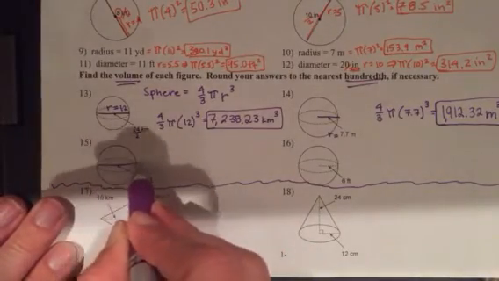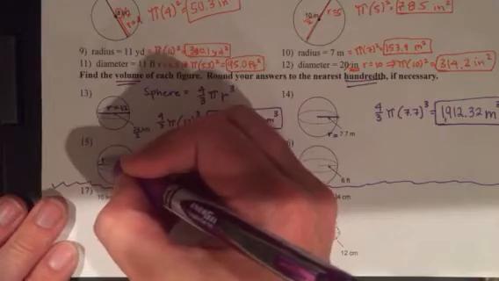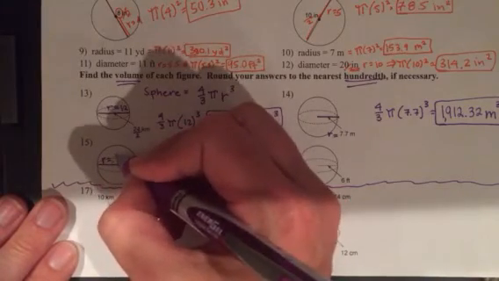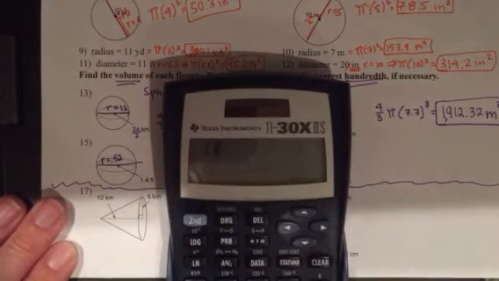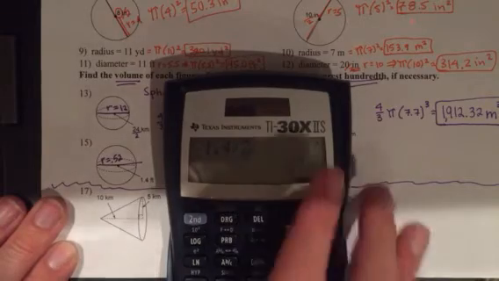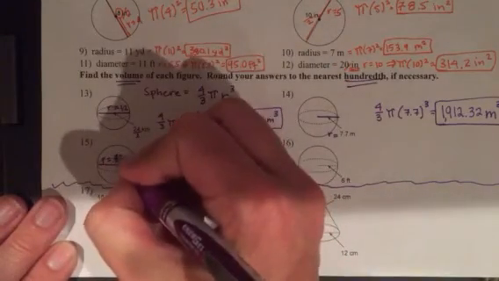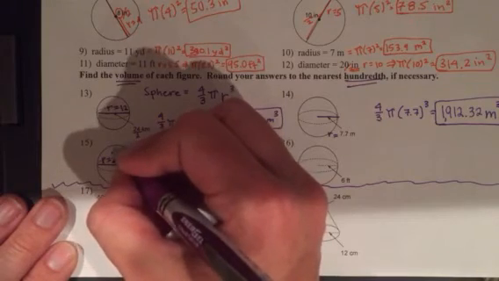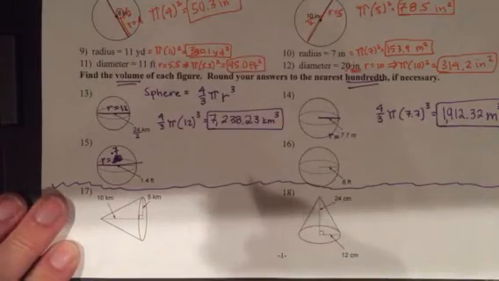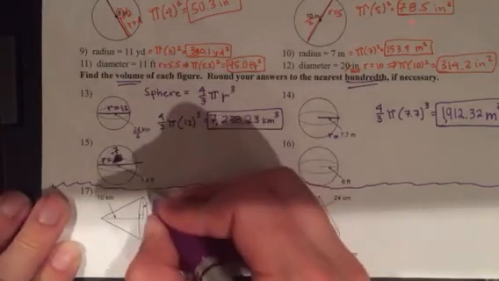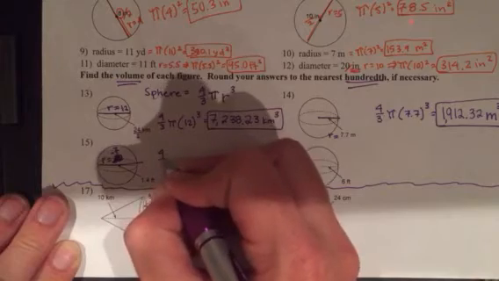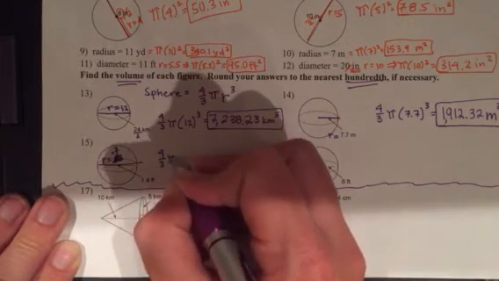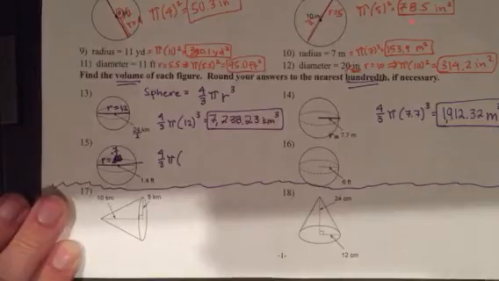1.4 is the diameter. I need the radius. I need to divide it in half. Oh, and I did it wrong. It is 0.7. That was my bad. 0.7 makes sense. 14 divided by 2 is 7. Got it. Alright, we plug that in to our volume. 4/3 pi. I plug in my radius.